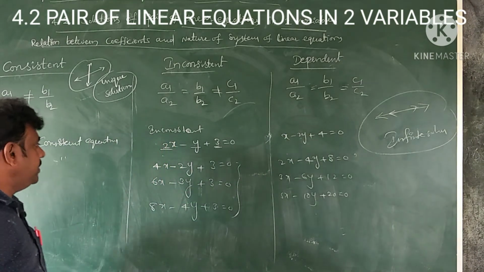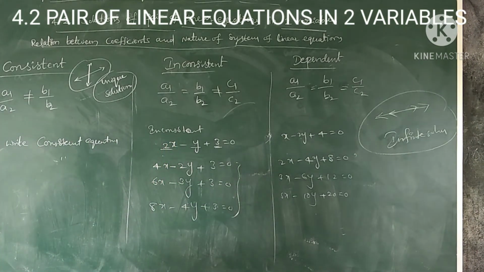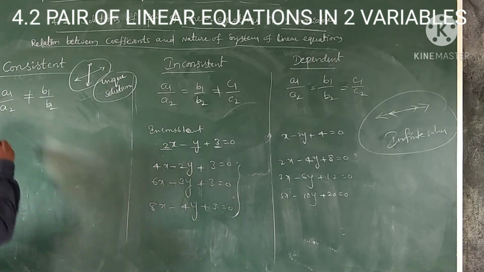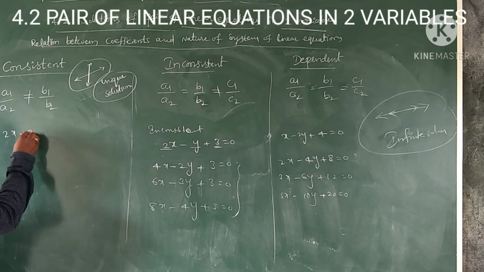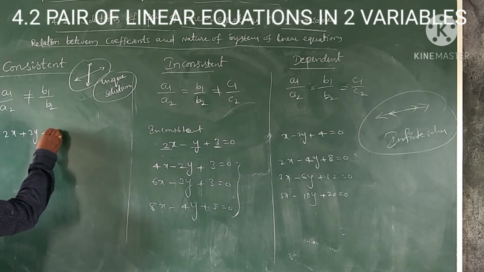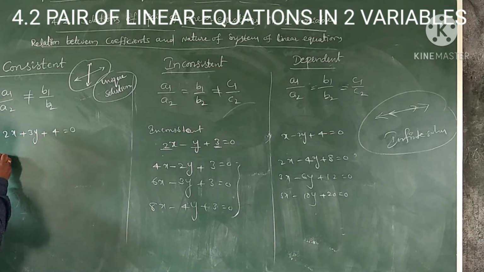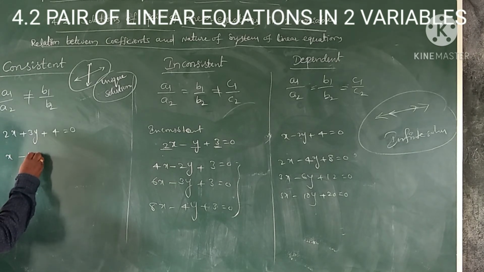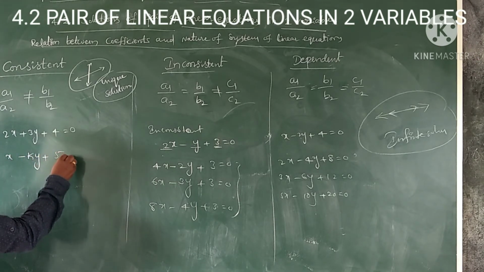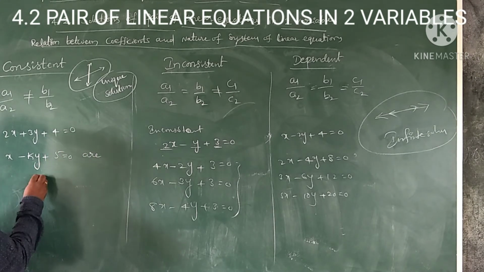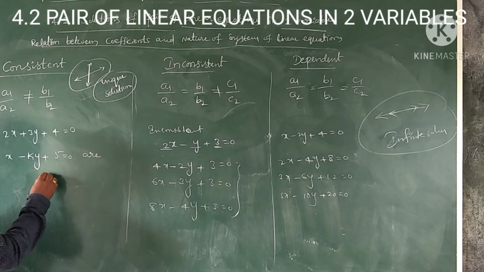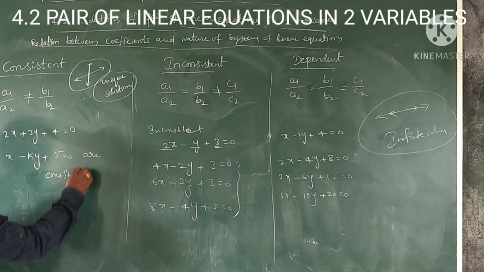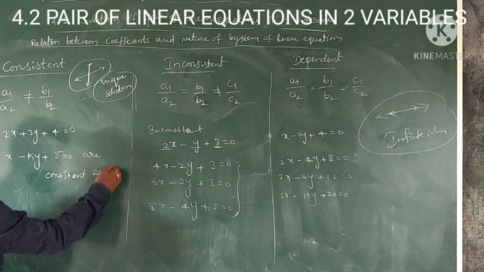For example, if we have another question: 2x plus 3y plus 4 equal to 0 and x minus ky plus 5 is equal to 0 are consistent equations.